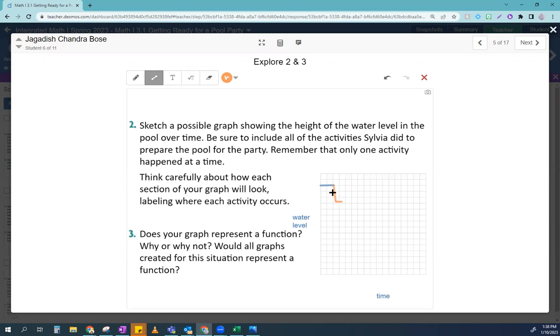Now you have to think about why not. Why doesn't it go straight down? That's another thing that you need to think about. Why doesn't it do this? Is that straight? Yeah, that looks straight. Why doesn't it do that?